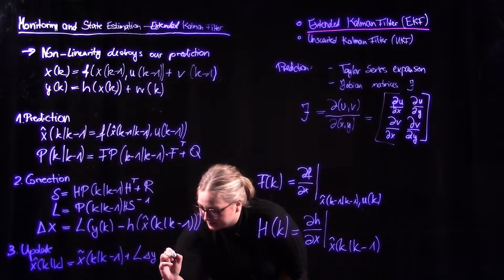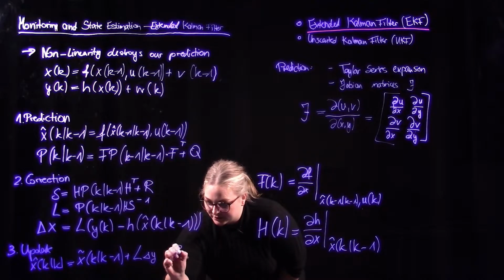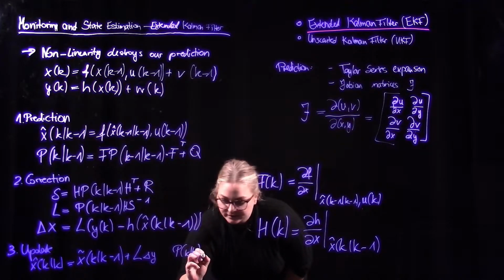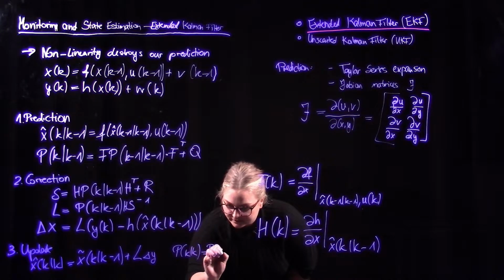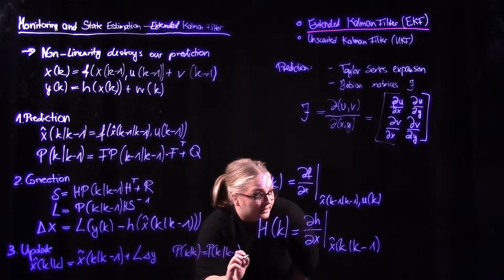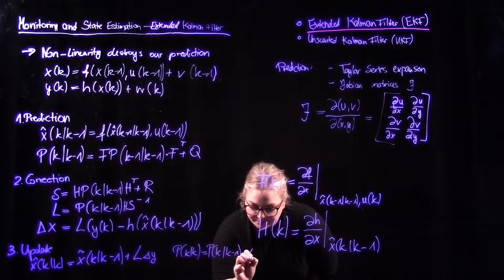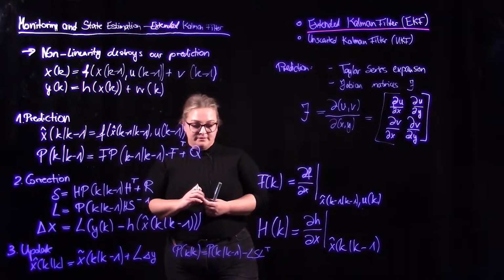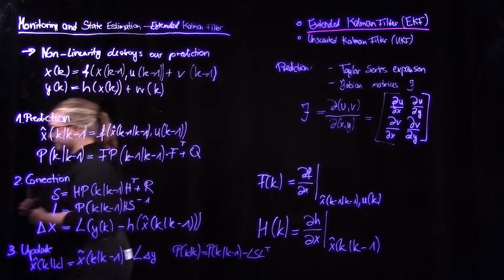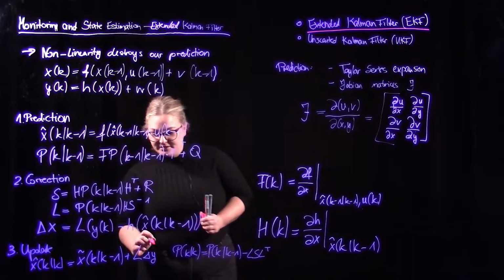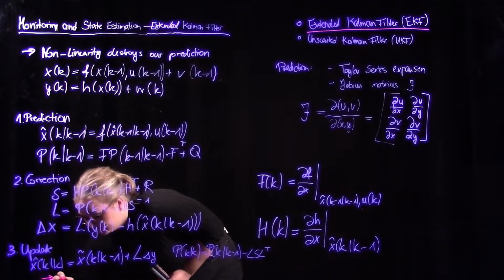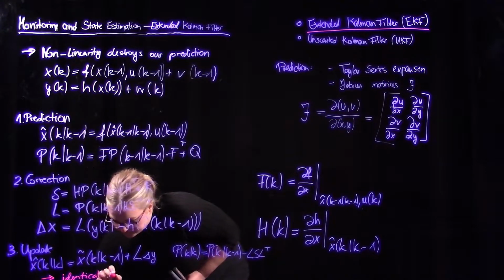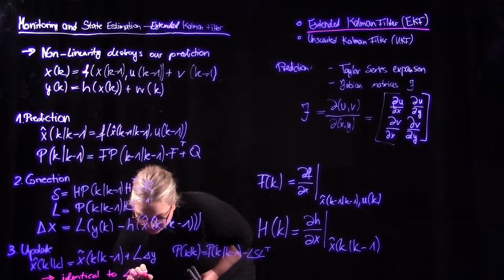So then we also need to update our covariance matrix at k, and this again is covariance at k minus 1 minus Kalman gain, or S, and the transposed Kalman gain. These two equations are identical to the linear Kalman filter.